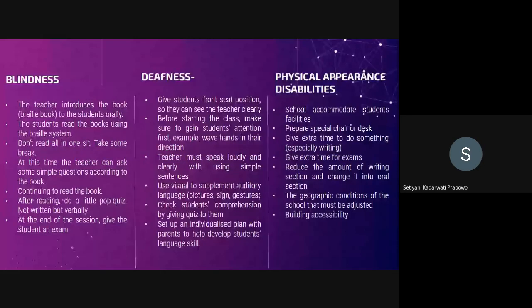Then don't read it all in one sitting, take some breaks. At this time, the teacher can ask some simple questions according to the book, and then the students continue to read the book, and after reading, do a little pop quiz, not written but verbal. And at the end of the session, give the students a little exam.